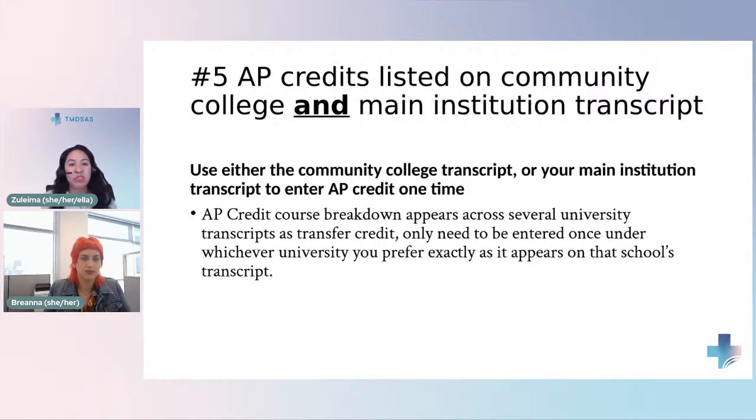So if I want to, let's say I want to use the community college transcript, and the way it's listed, my AP credits are listed on that transcript. So I will still use that community college transcript to see how the course is listed, enter it exactly as it appears on that transcript, if that's the school that I want to list it under. But either way, it doesn't matter. You can choose either. Just make sure that you only enter your AP credit once.